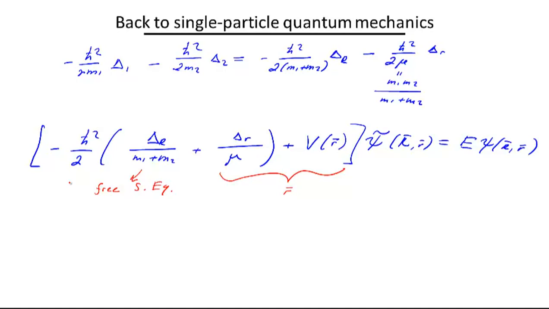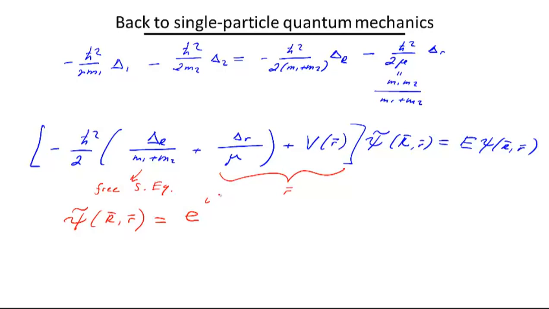And so to extract this overall motion, we can just look for a solution. This psi tilde of capital R and lowercase r can be written as a solution to this sort of free Schrödinger equation, which is simply a plane wave, as we know.